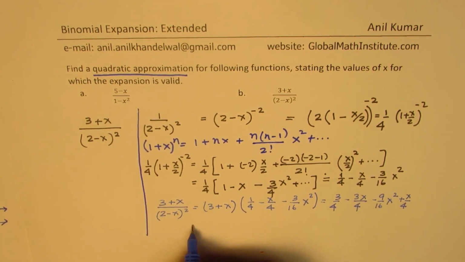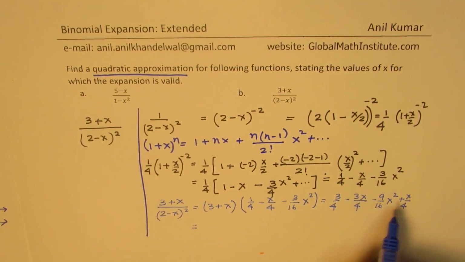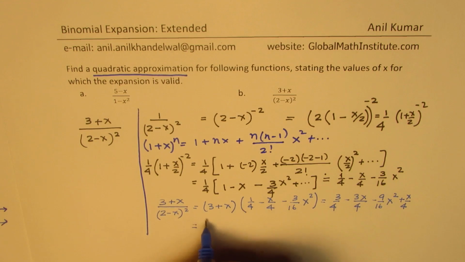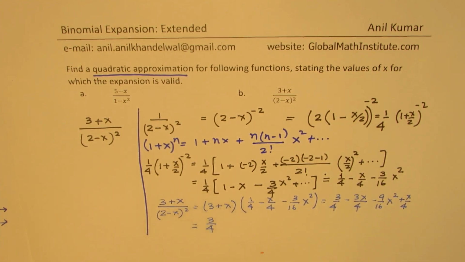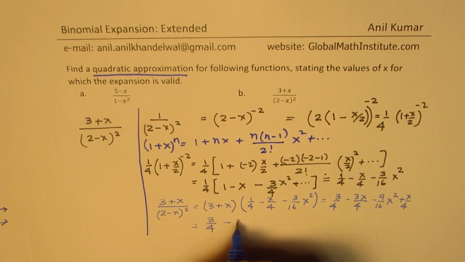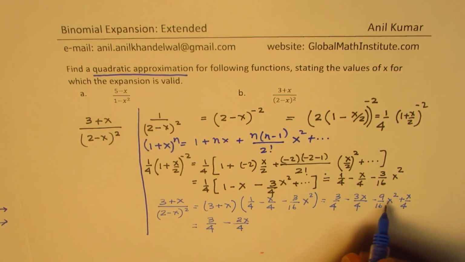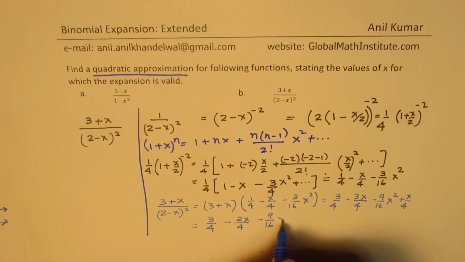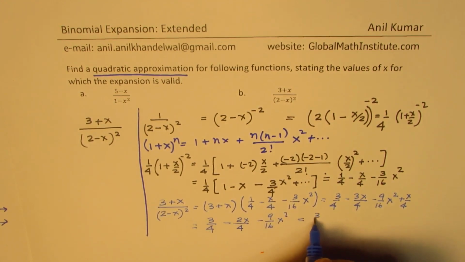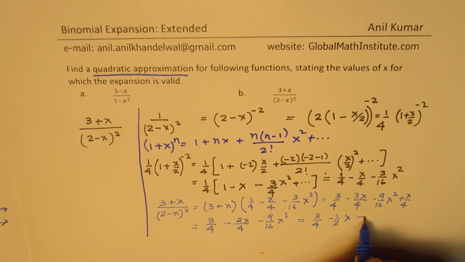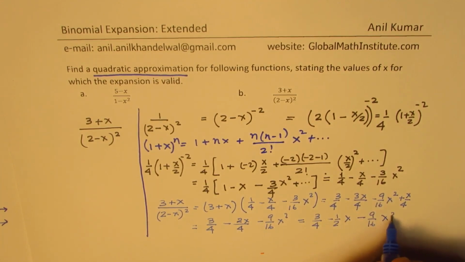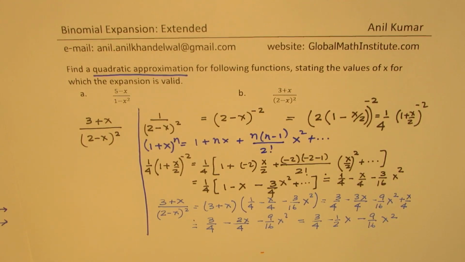So that's what you get, which is equal to, combining the terms, 3 over 4, which is a constant, and then here we have minus 3x and plus x is minus 2x, minus 2x over 4, we'll simplify this. And then we have minus 9 over 16 x squared. Or we can write this as 3 over 4 minus half x minus 9 over 16 x squared. Correct. So that becomes our quadratic approximation of the given formula. Is that clear to you?